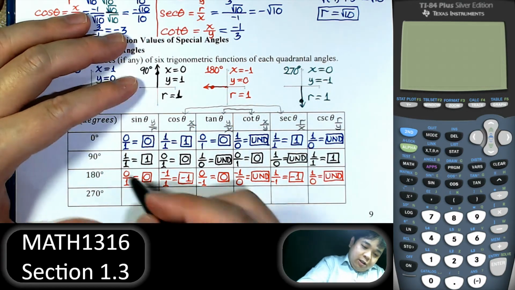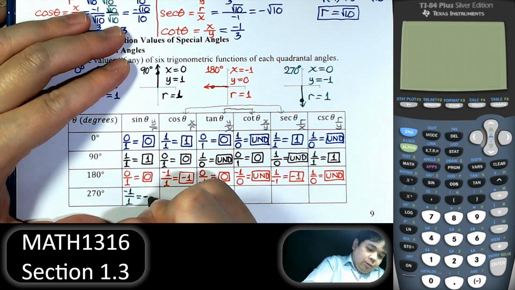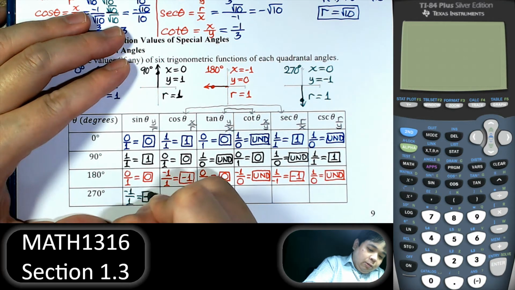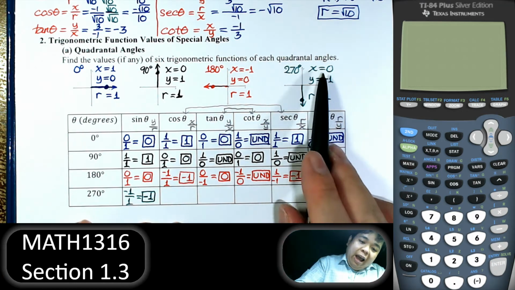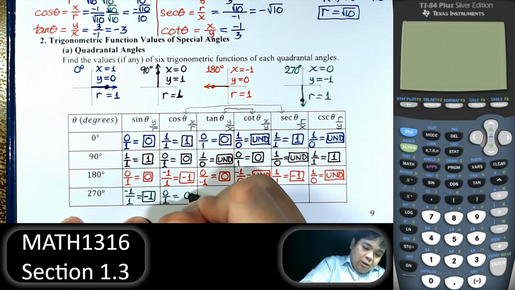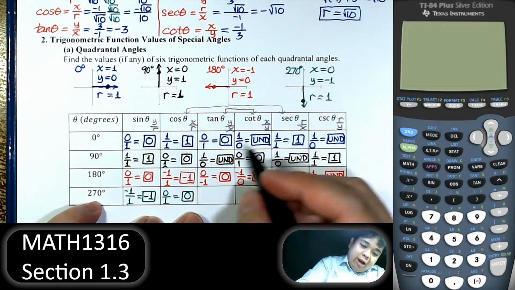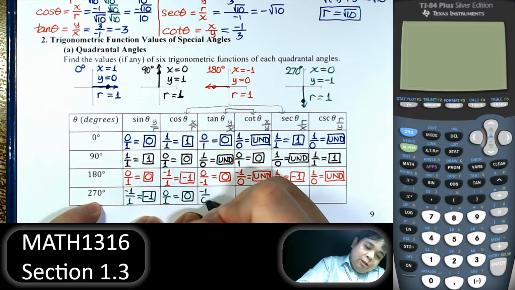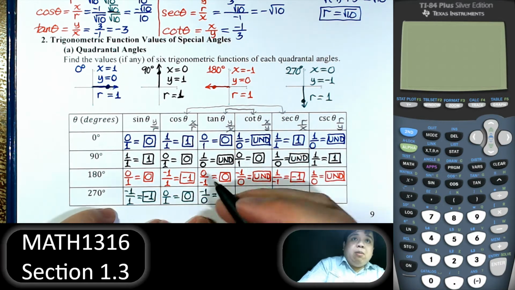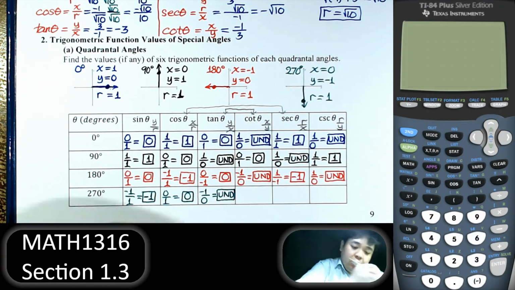Y over r, x over r, y over x, and divide by 0 is undefined. X over y.